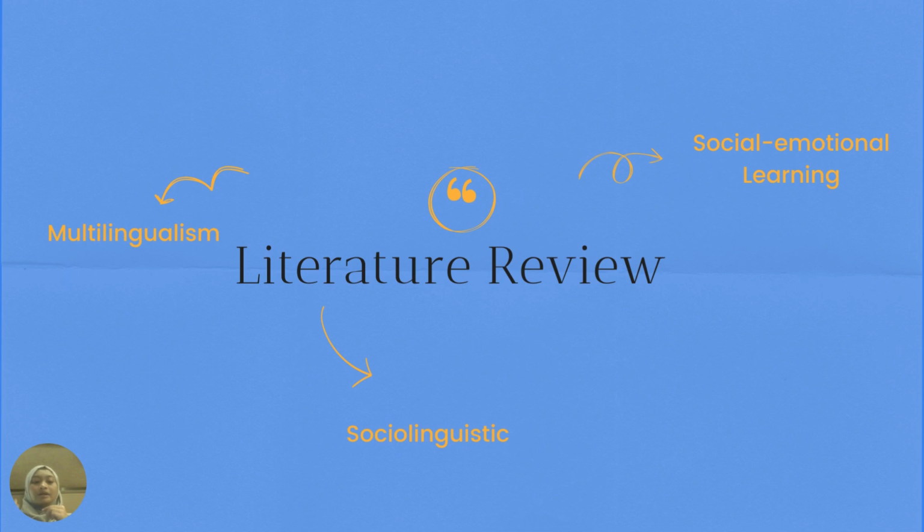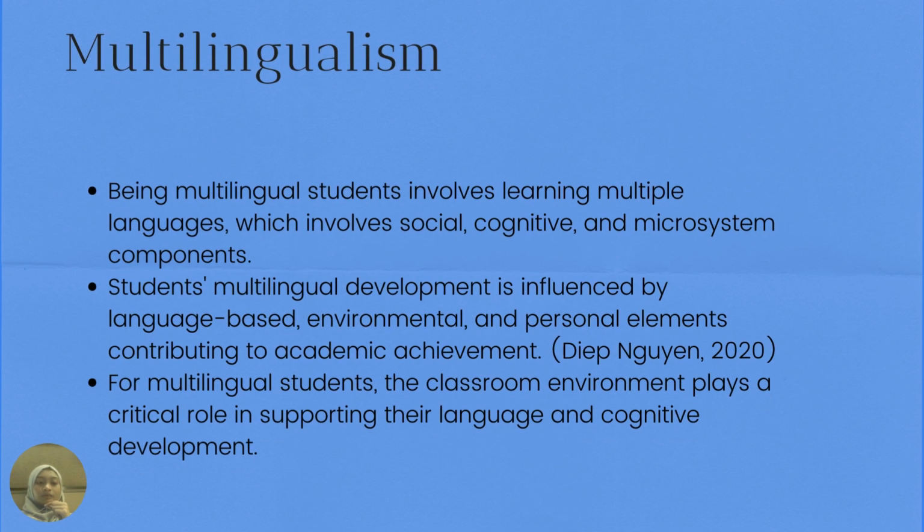For the literature review, I take three theories, which are multilingualism, social emotional learning, and sociolinguistics. For multilingualism, being a multilingual student involves learning multiple languages, which involves social, cognitive, and microsystem components.